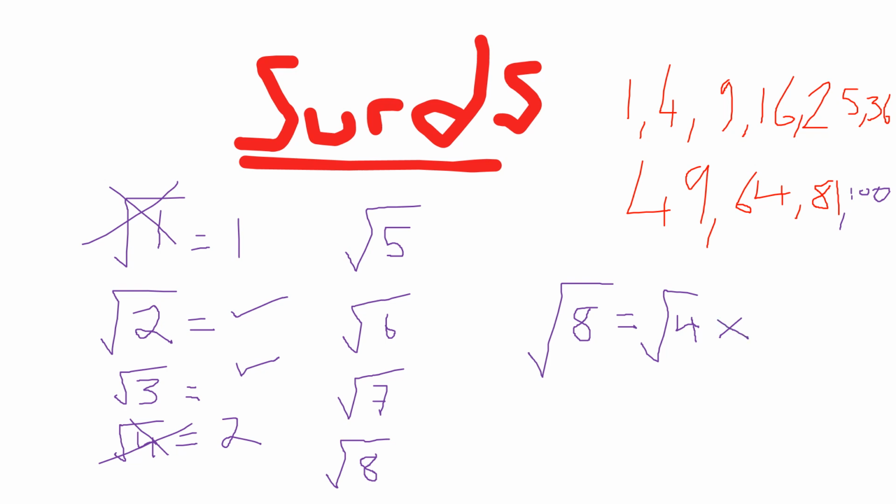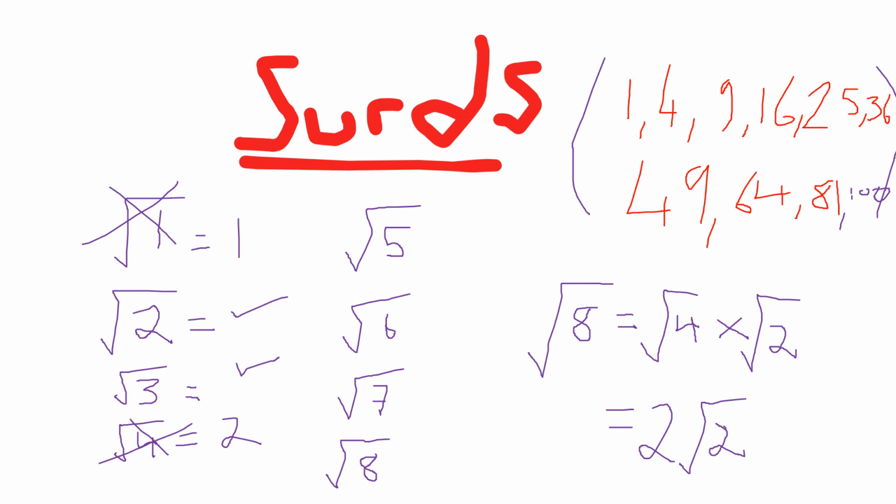Whenever we simplify surds, guys, we are always looking for the biggest square number factor. That's the key. And again, if you're unsure, the list is here for 1 to 10. The square root of 4 is 2. We have 2 times root 2, so we can write it as 2 root 2. So that's one example done.